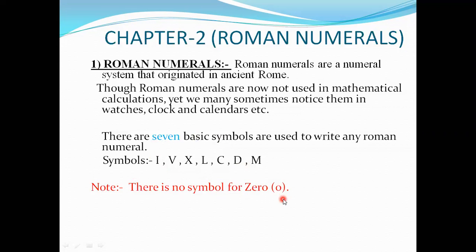Now, how can we form the Roman numerals? How can we solve calculations using the 7 basic symbols? For this, firstly, we will learn about the relation between Hindu Arabic numerals and Roman numerals.